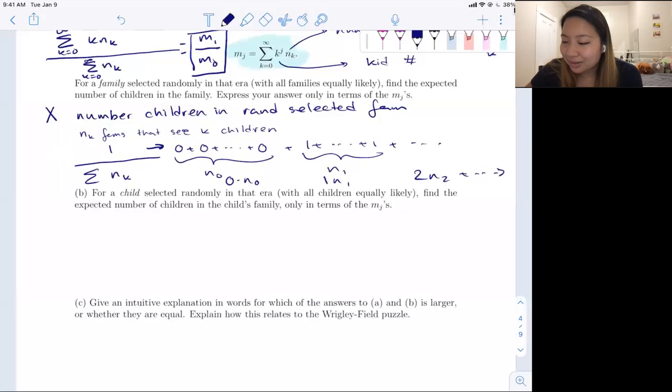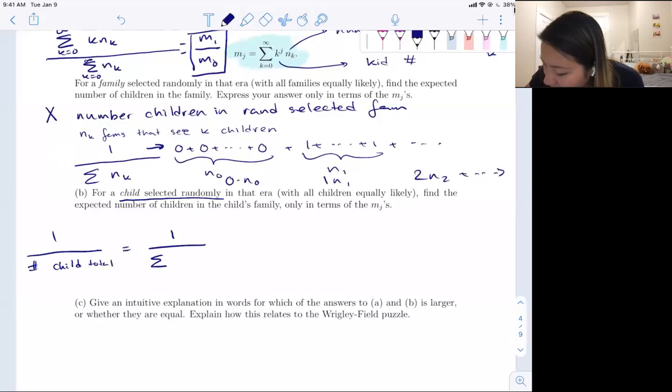So that's 0, 0, 0, and then n1 of them that are 1, 1, 1, and then 2, 2, 2, 2. So the total number of children, and since we're selecting a child randomly, it's going to be 1 over the number of children total, which is 1 over the sum from k equals 0 to infinity of k times n sub k.